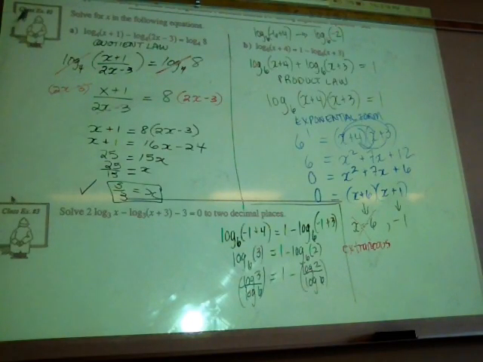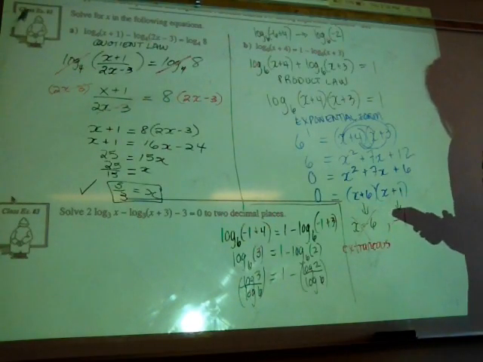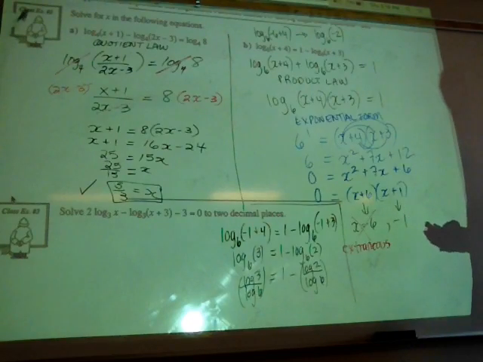So if you guys calculate that, let's just see what the left-hand side is. We get log 3 divided by log 6, 0.613.